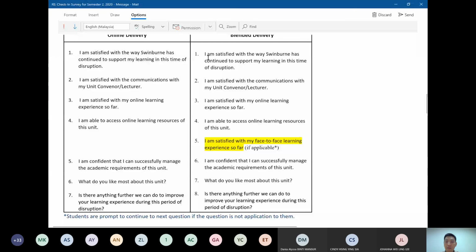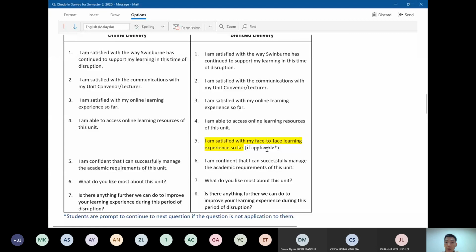Second question is on whether the unit convener or lecturer communicates well with you. The third question is about your online learning experience. Fourth question is about whether you are able to access the online learning resources for this subject. The fifth question is about the face-to-face learning experience with Swinburne so far.